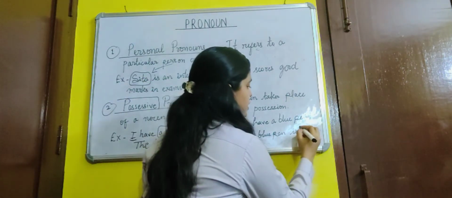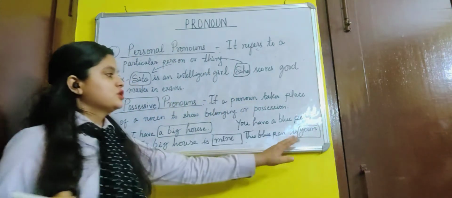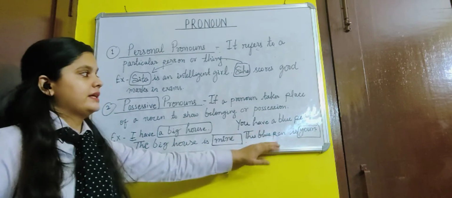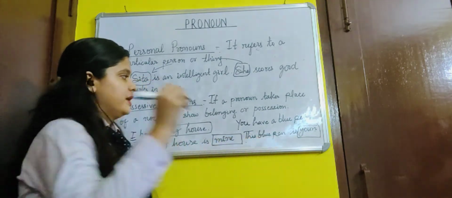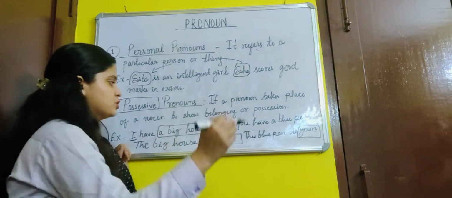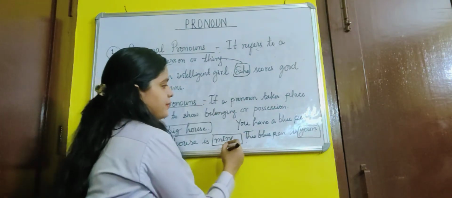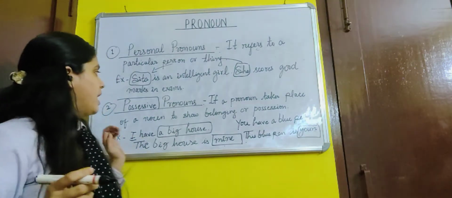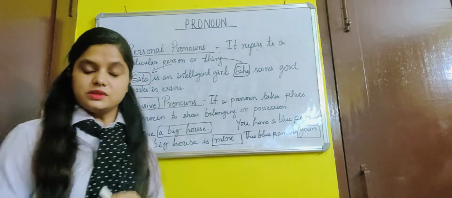Okay, so this word yours shows the possession of you over this blue pen. It means this blue pen relates to you, it belongs to you. So such type of words like mine, yours, hers, his, ours are called possessive pronouns.